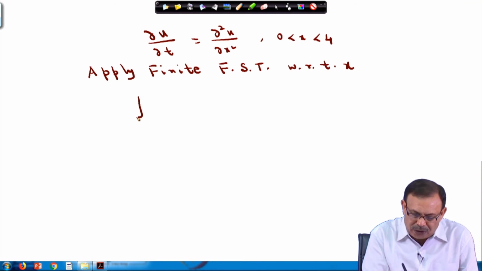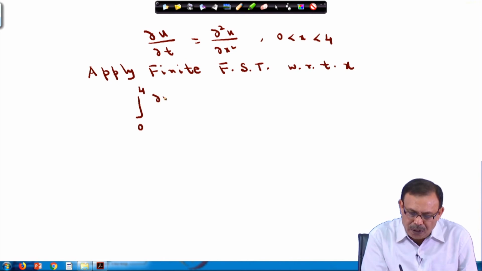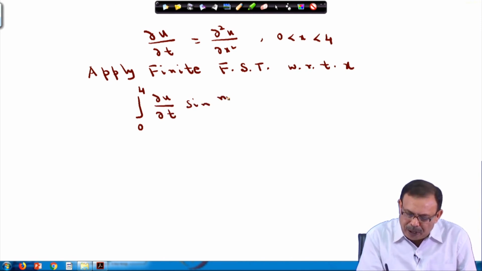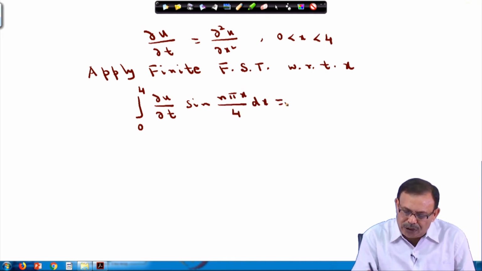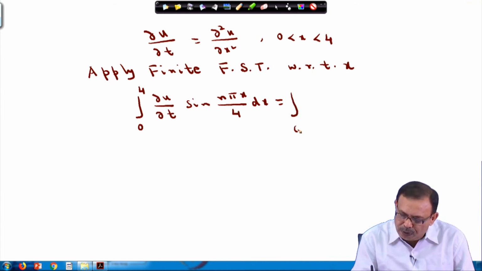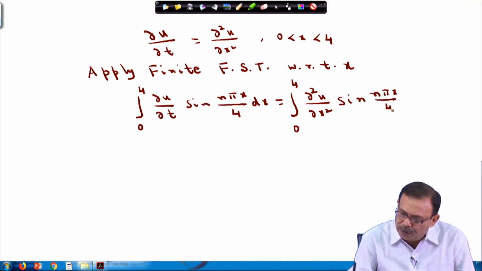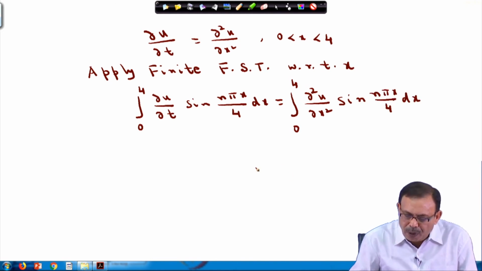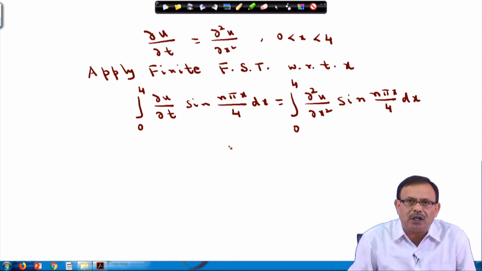From the definition, the left hand side will be the integral from 0 to 4, here L is 4, of del u del t into sin(n pi x by 4) dx, whereas the right side will be the integral from 0 to 4 of del 2 u del x square into sin(n pi x by 4) dx.